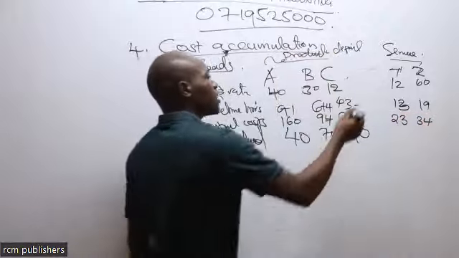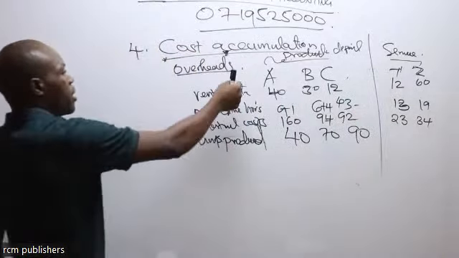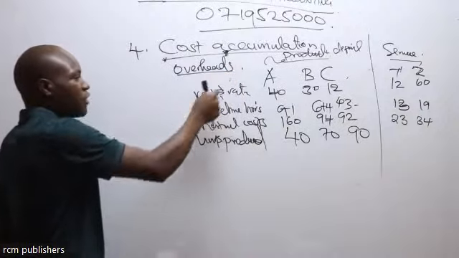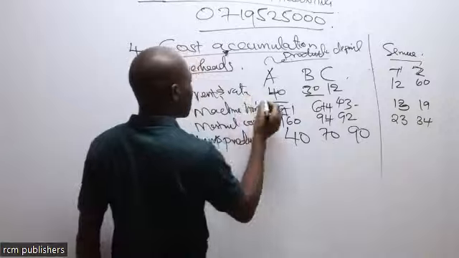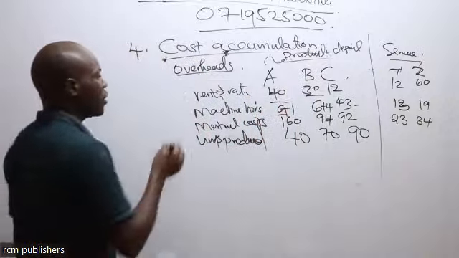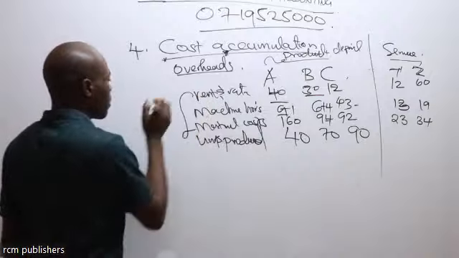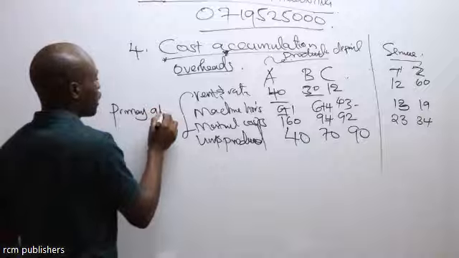Now, we want to transfer whatever was incurred in the service department to what? To the production department. So these costs that have already been allocated directly to the production department, we call primary allocation.